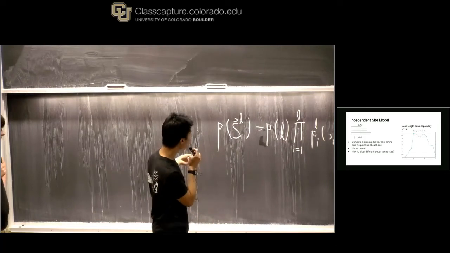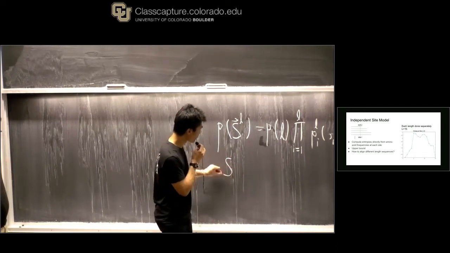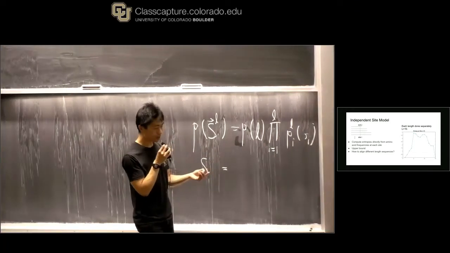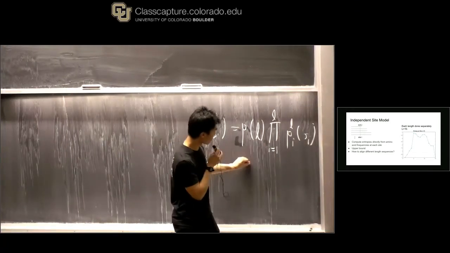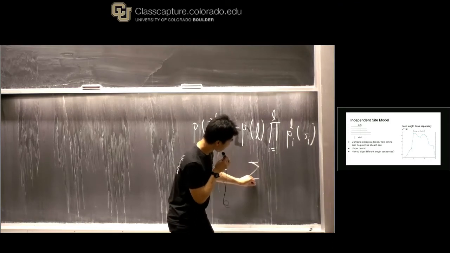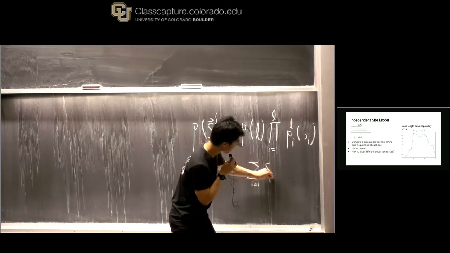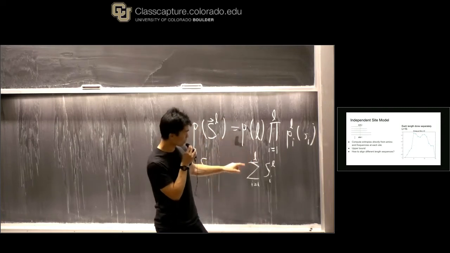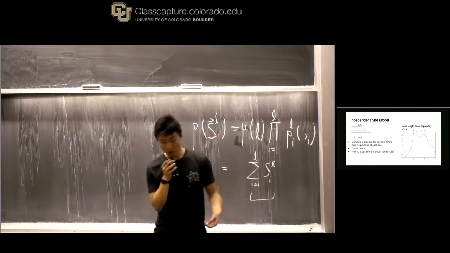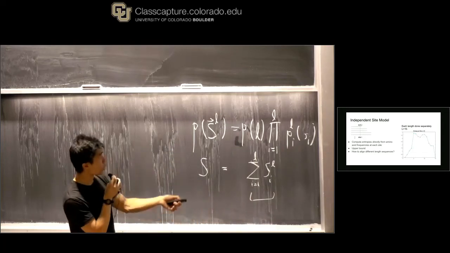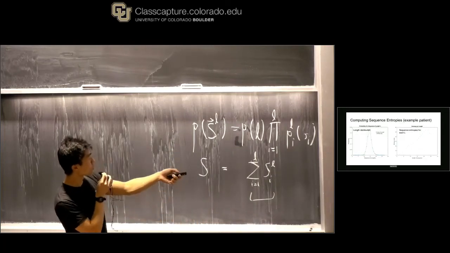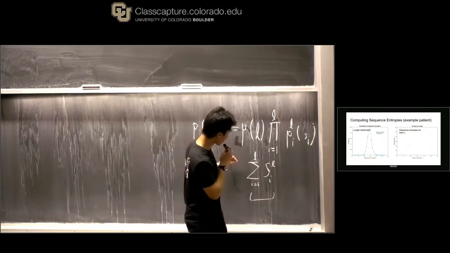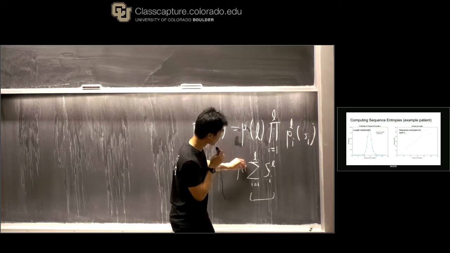So if you do the math, you find that the entropy of the entire sequence repertoire has two terms. One is the sum of the one-site entropies restricted to a given length, which we have on the right plot here, and we sum them up weighted by the probability of observing each length.